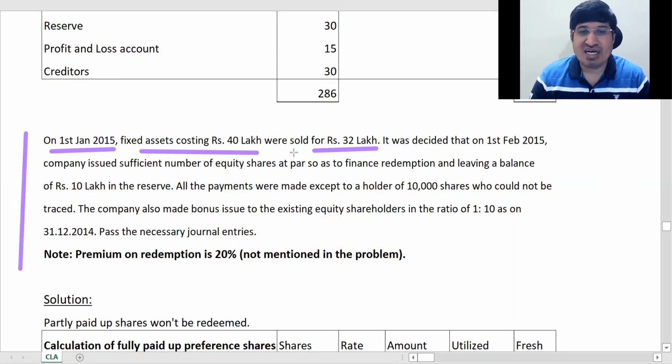So this loss of 8 lakhs, you will have to incorporate in this P&L. After this loss, P&L will stand at 7 lakhs. Before it was sold, it was 15 lakhs. Now if you sell and you have a loss of 8 lakhs, then it will become 7 lakhs.